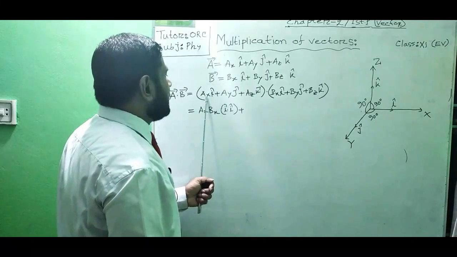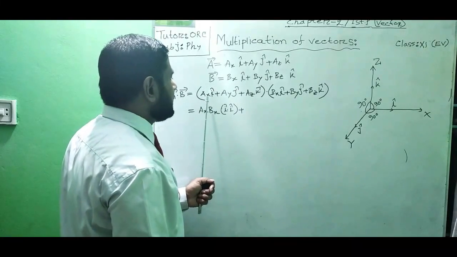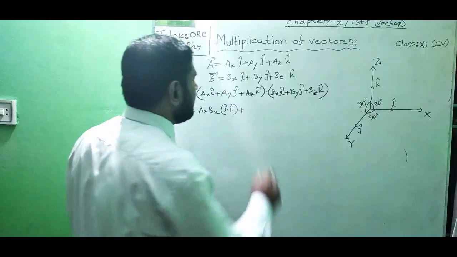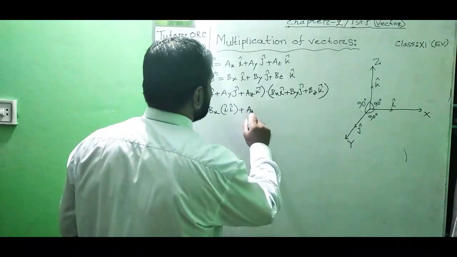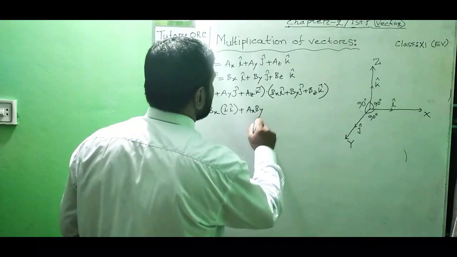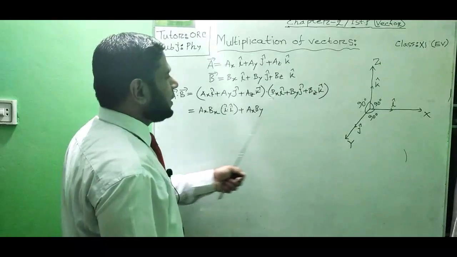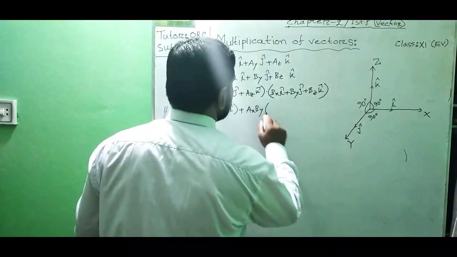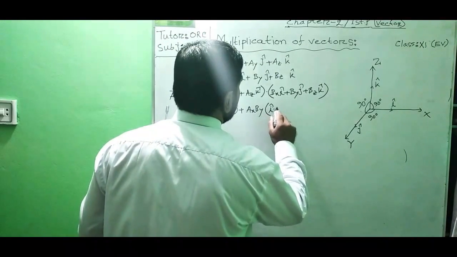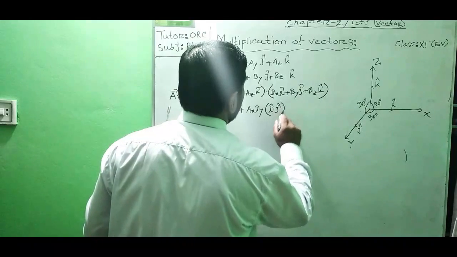Let us multiply again. Here is ax by, these two are scalar quantities, and here i cap and j cap. So let us put i cap dot j cap.